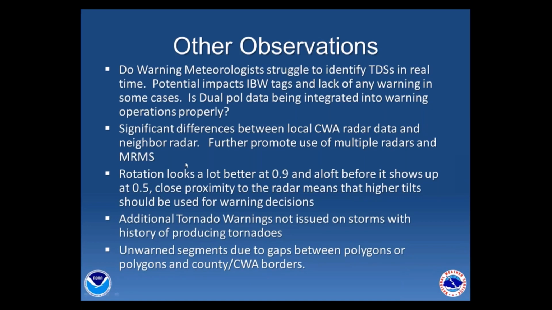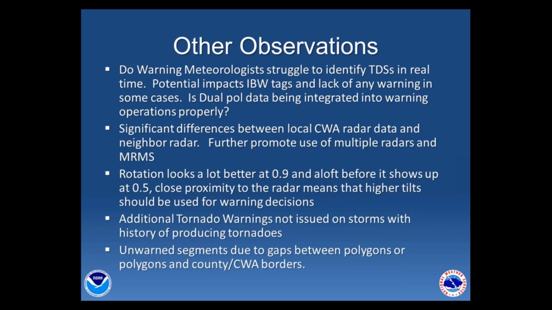Significant differences between local radar data and the neighboring radar. Are we looking at our neighbor's radar? Are we looking at MRMS data, et cetera, to take advantage of the multiple radars, multiple sensor data that we have? Rotation looks a lot better at 0.9 on the loft and shows up at 0.5.